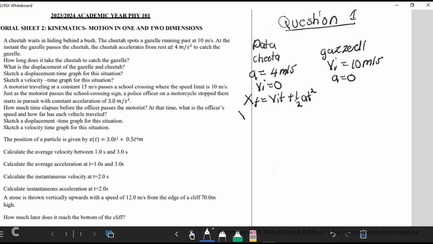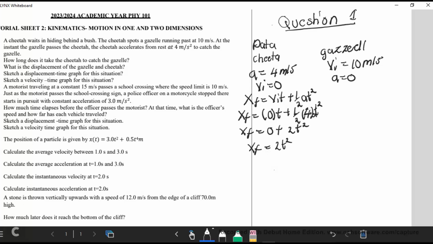So the final displacement is equal to the initial speed, which is 0, times t, plus one half a t squared. T is the one that we're looking for. The acceleration was 4 in the question, such that you come up with 0 plus 2t squared, meaning that your final displacement for the cheetah is 2t squared.